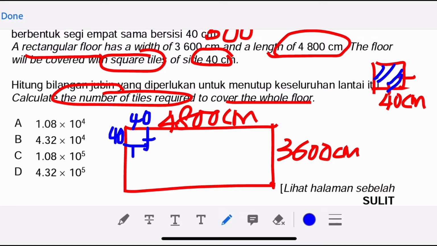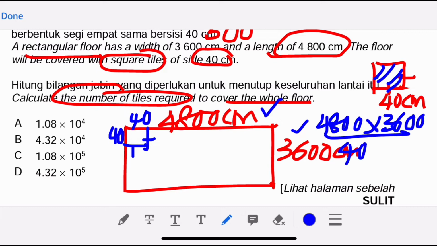So the total number of tiles can be calculated by calculating the area of the rectangle, 4,800 times 3,600, over one piece of tile, which is 40 times 40, right? So you just calculate the area of the rectangle and then divide by the area of one square tile.